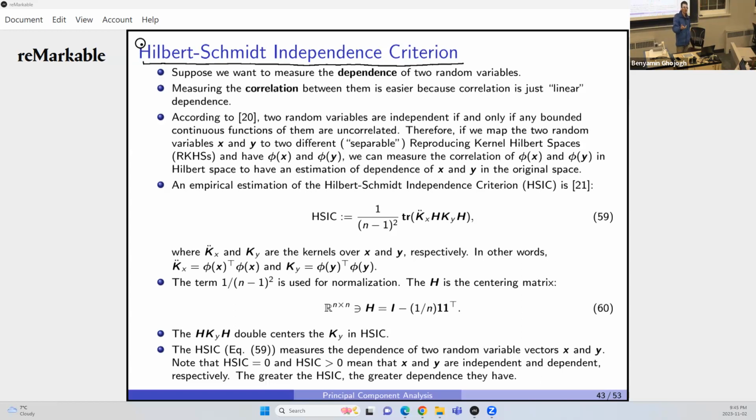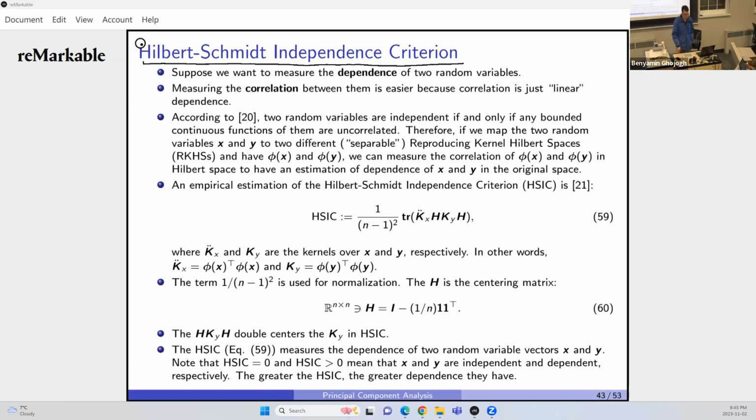It's not obvious whether you are related to me or it's completely random. I don't know whether it's random or we're related. So that's dependence in general. And if there is any dependence here, it is nonlinear dependence. Calculation of dependence is very hard in contrast to correlation, which is linear dependence.